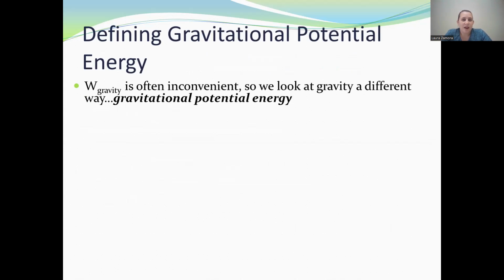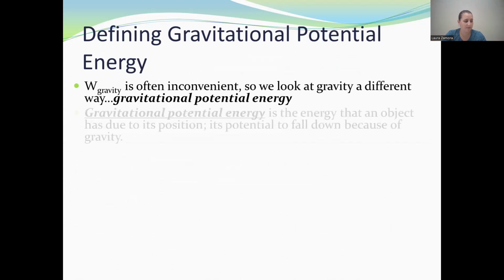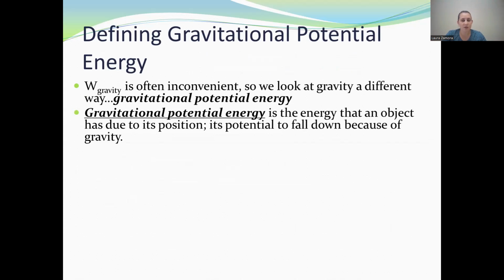This is often inconvenient because we have to remember which direction we're talking about and treat it a little bit differently each time. So we want to look at gravity in a different way, and that's using gravitational potential energy. Gravitational potential energy is the energy that an object has due to its position.